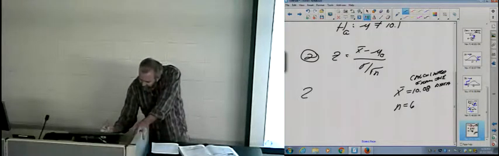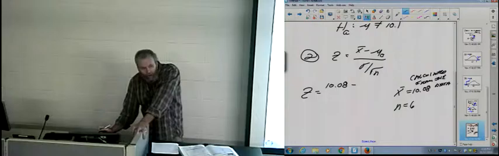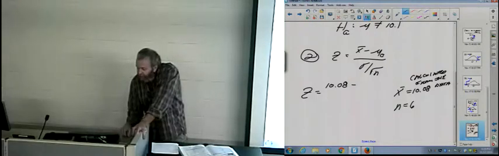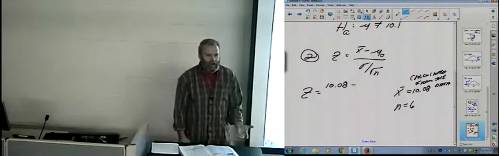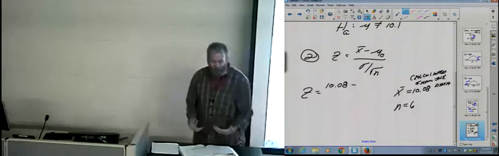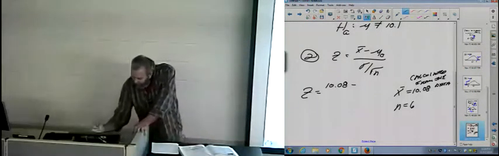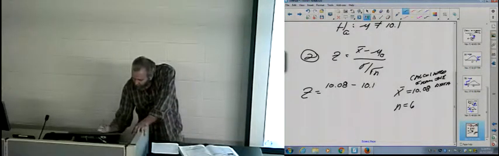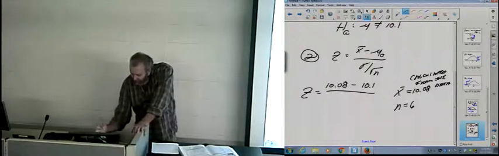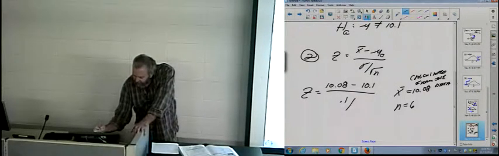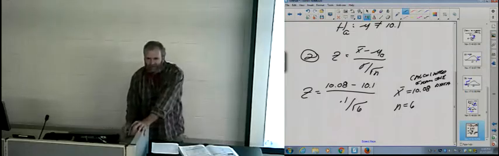So my z here is, I'm going to take your 10.08, right? Now, does everybody know what I'm going to subtract? It's the mean, right? We assume the null hypothesis is true. We're going to subtract 10.1. You're going to take your 0.1, and you're going to divide by the square root of 6.